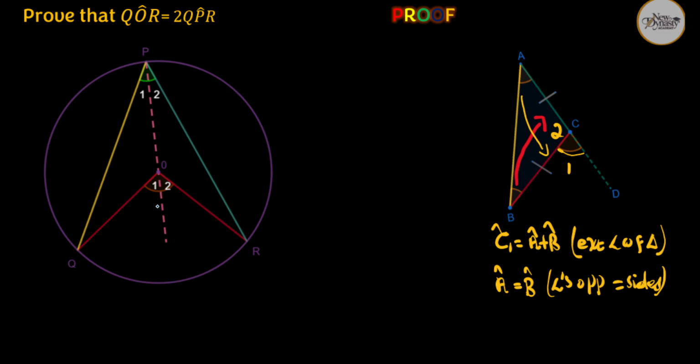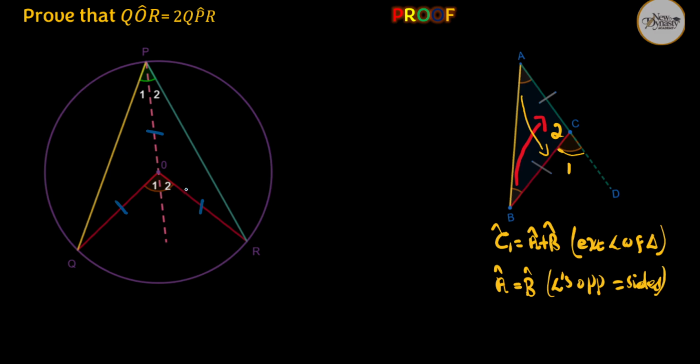So after construction, what do we have? On the angle that is outside, we've got O1 and O2. And the angles that are inside, we've got P1 and P2. We can notice now that we've got the radii OP, the radii OQ, and the radii OR.